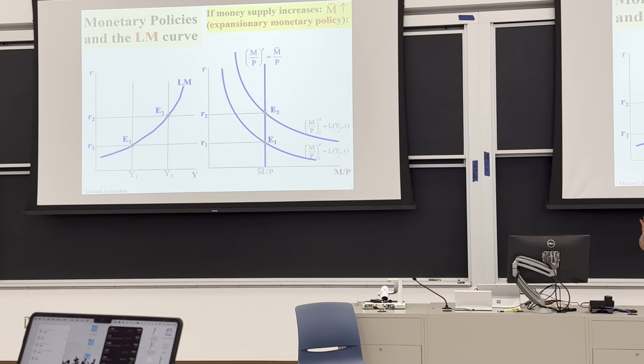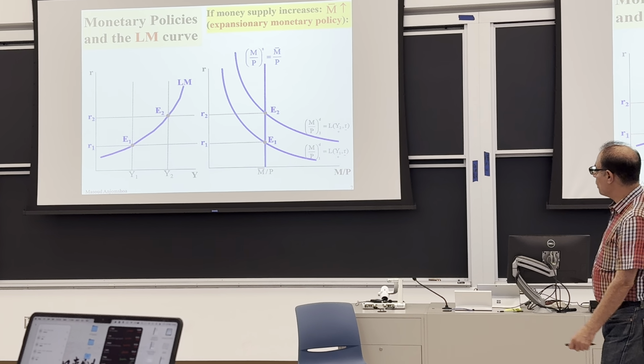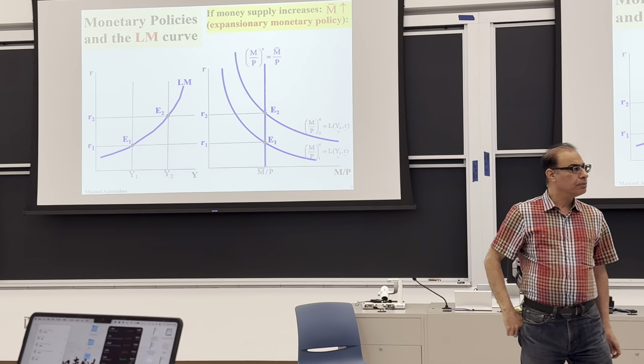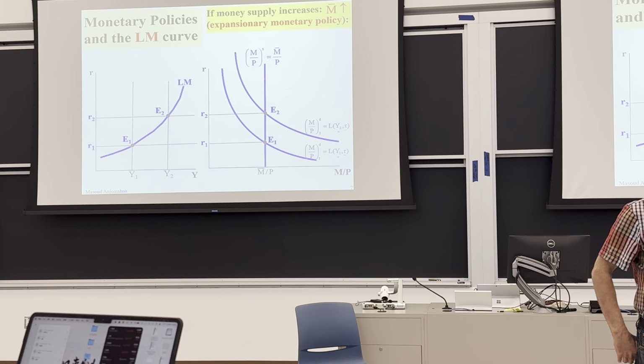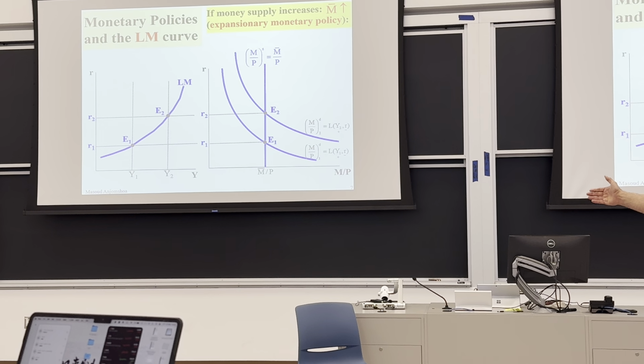Now, guys, anything that hits the money market would have an impact on the LM curve, okay? For example, suppose the famous case, expansionary monetary policy. M goes up. What happens, anybody? If M goes up, isn't it easy? What happens? Supply of money by the central bank goes up.